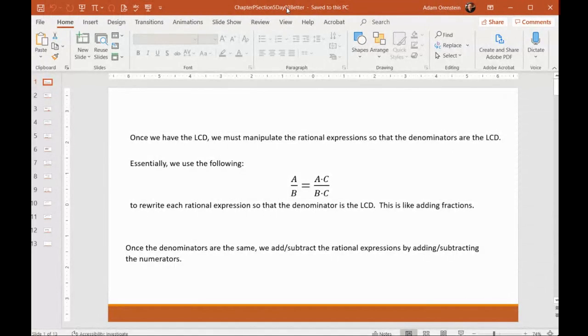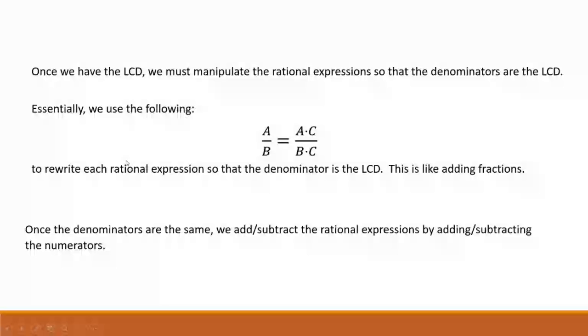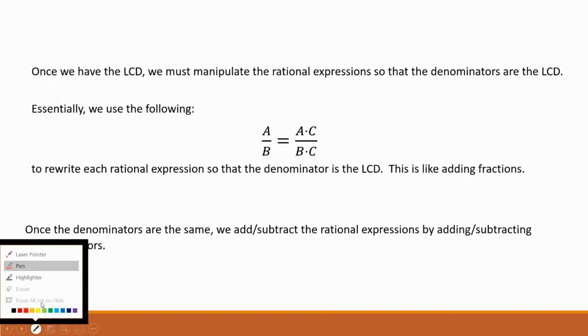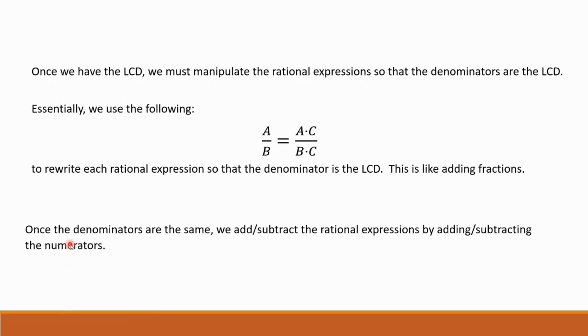On this slide, basically, it's just sort of a refresher, so to say, or a recall. When you add rational expressions, just like you add fractions of integers, the denominators have to be the same.